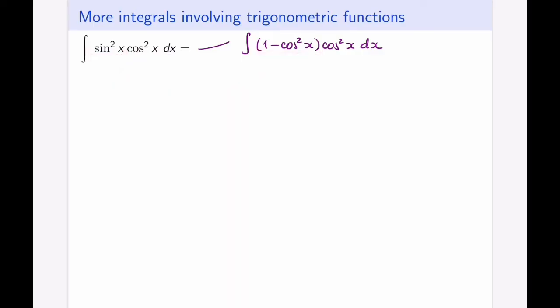Then let's think a few steps ahead. We're kind of like chess masters now, thinking whether or not it's going to work out without actually necessarily working it out. If I open up the brackets here, what I'm going to have is cosine squared x minus cosine to the fourth x dx.